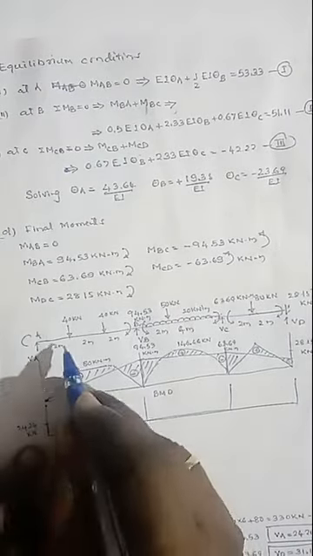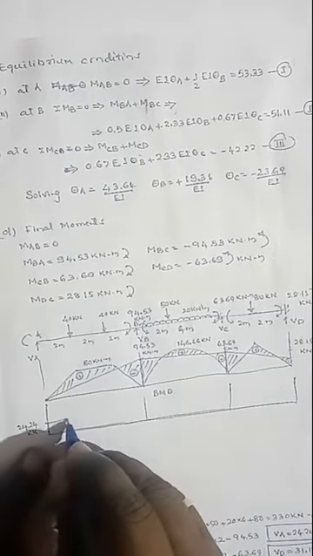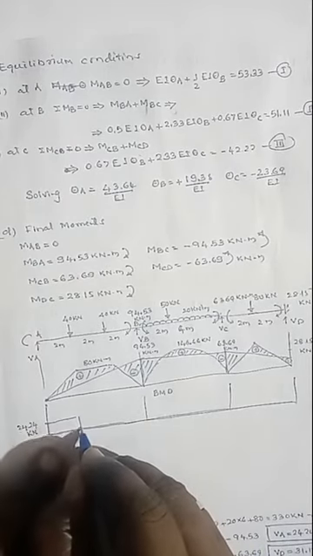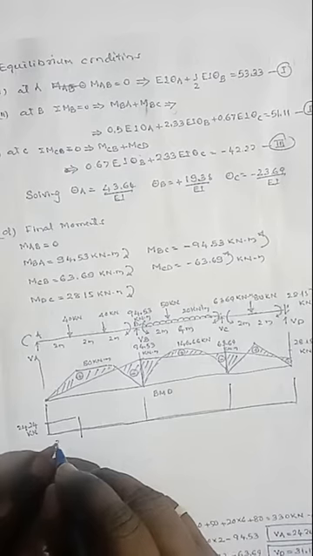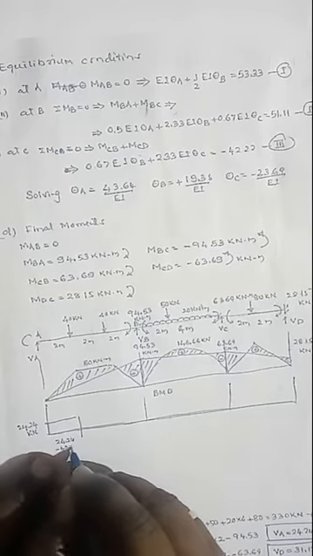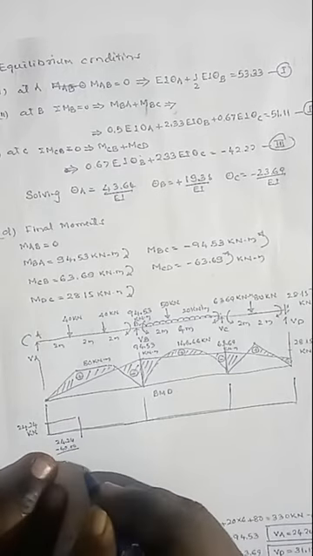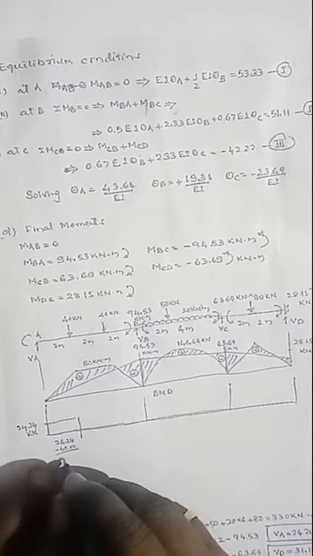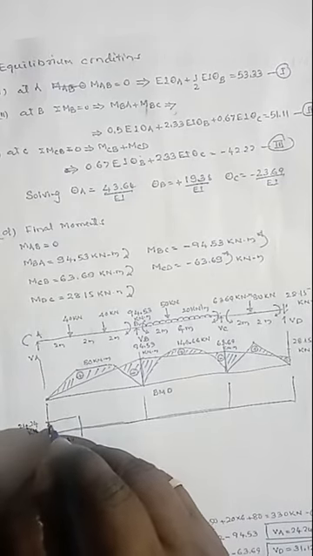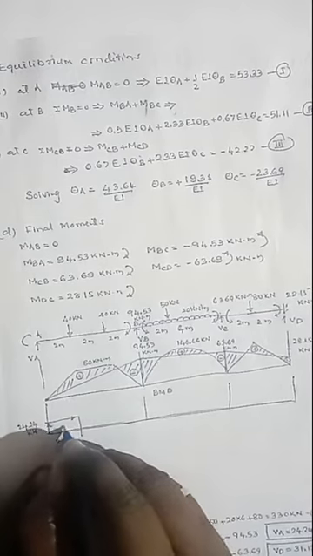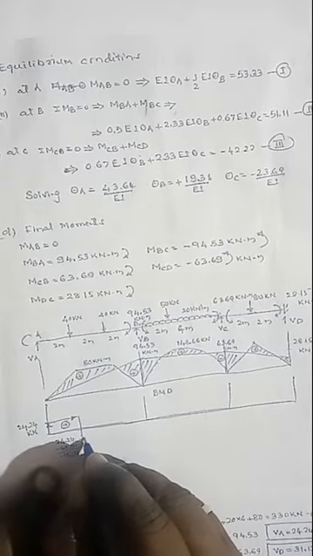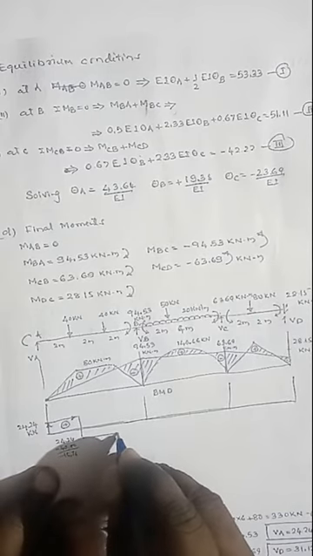Up to this point there are no loads, then here minus 40. 24.24 minus 40 equals 15.76, here the shear force is positive, and it is constant up to this point.